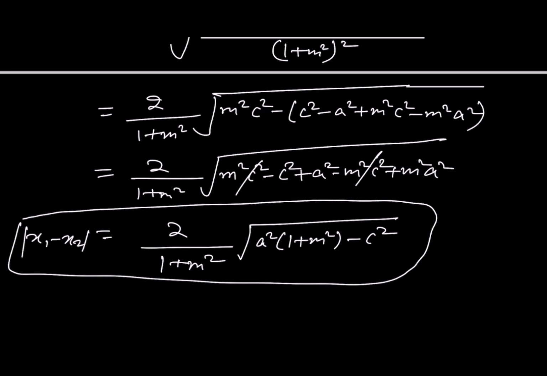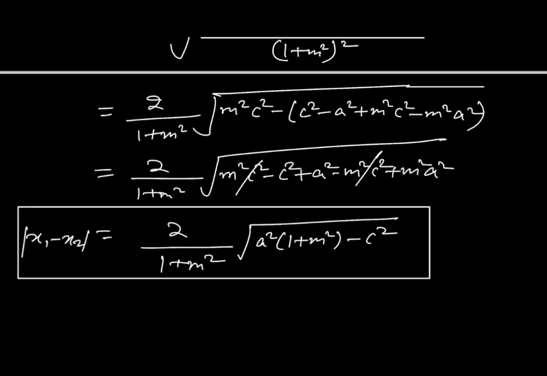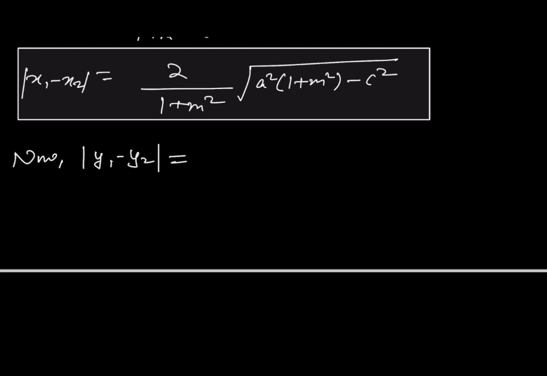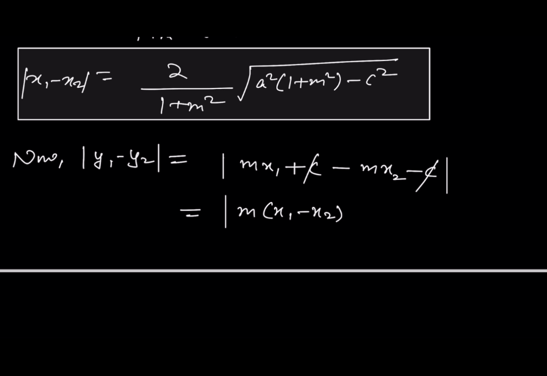Now we have to find mod of y1 minus y2 also, which is mod of mx1 plus c minus mx2 minus c, right? C cancels out, so this is mod of m times (x1 minus x2).